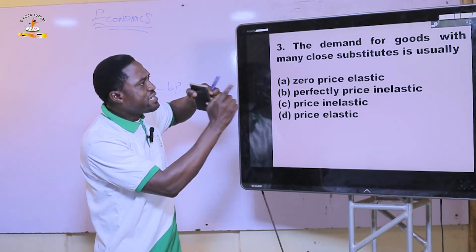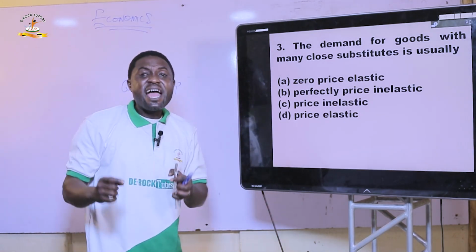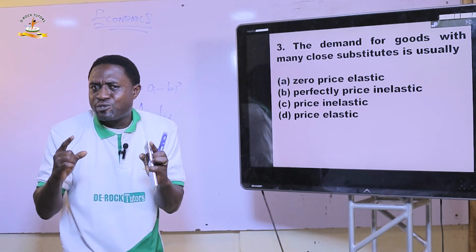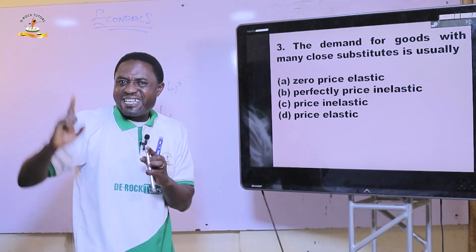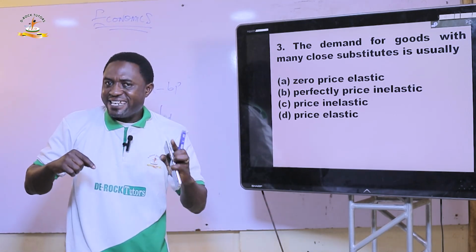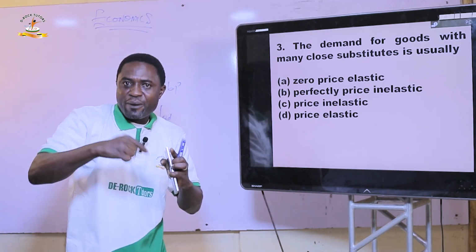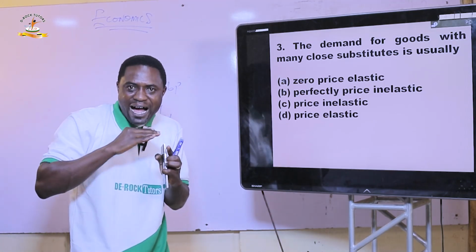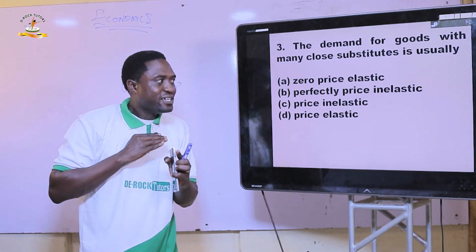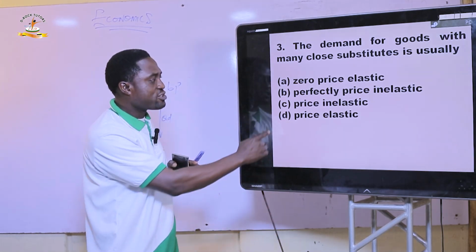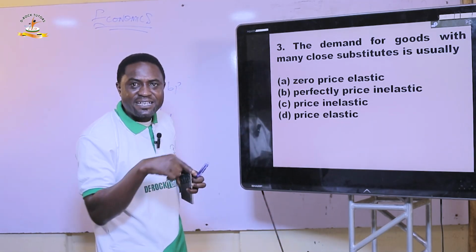So now the demand for goods with many close substitutes. Any goods that has close substitutes, when the price of one is high, the alternative will actually attract more demand because of what? Because of a lower price. You understand? So the perfect answer to this is option D. It is price elastic.